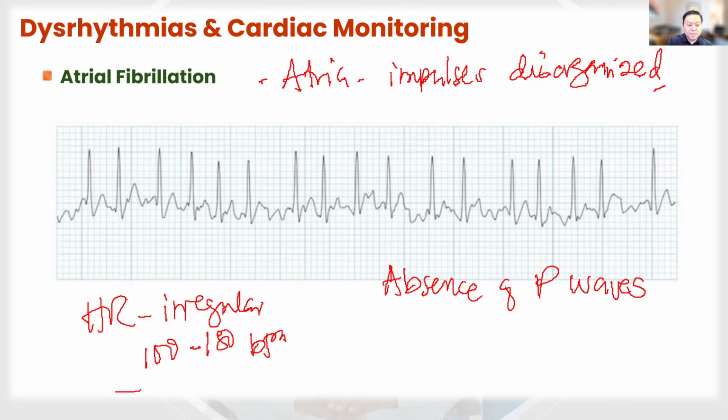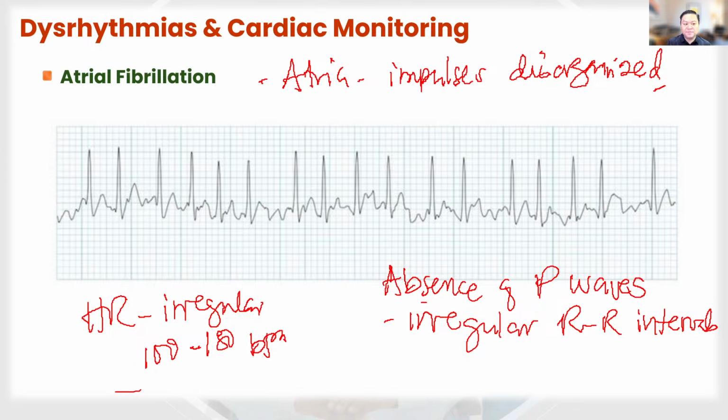Irregular R to R intervals. Okay. So don't forget about the absence of the P waves, and the intervals between the R's are becoming irregular. So take a look at the distance from this one to the next. This one is a little bit wider, and then back to the usual one, and then it looks a little bit narrower. So it's quite irregular, guys.